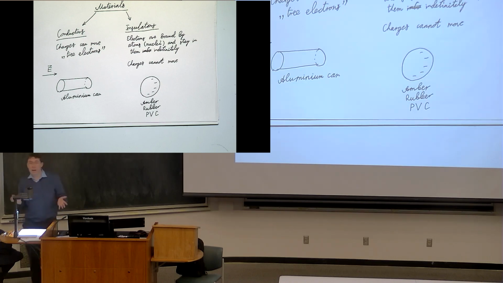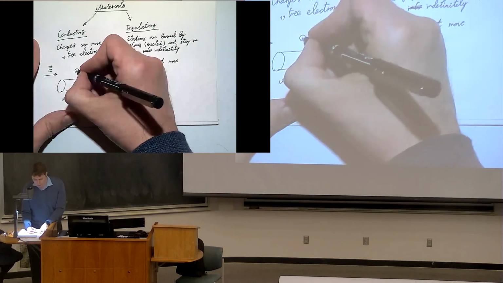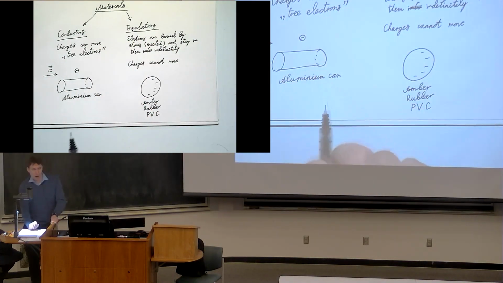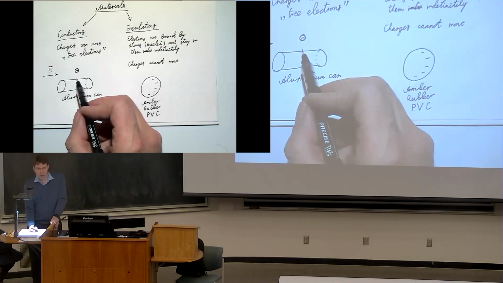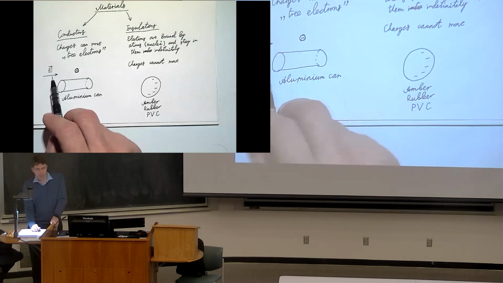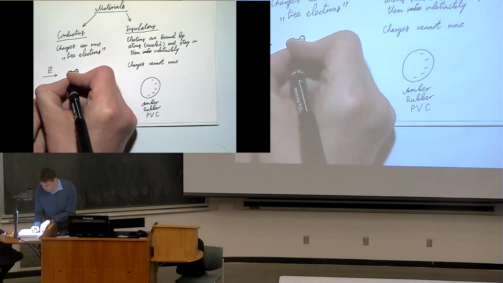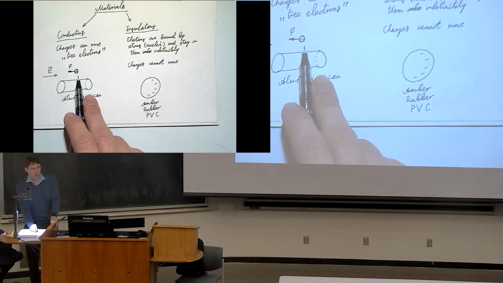All right, let's check it. There are several ways to see it. Let's say there's an electron somewhere in this can, and I'm drawing it outside of the can, but the logic will still apply. If we have a negatively charged electron and the field is directed in this direction, then the force acting on it will be in this direction.